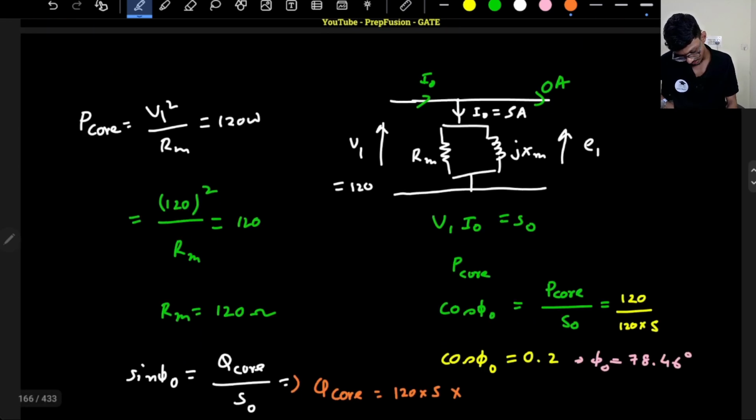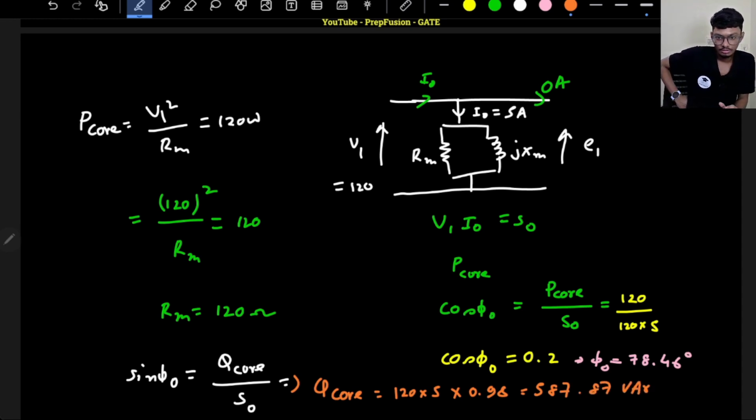And my sin phi naught will be sine of 78.46, so it will be 0.98. Into 120 into 5, this will come out to be 587.87 VAR, volt ampere reactive. So this is what the reactive component of the power will come out to be.